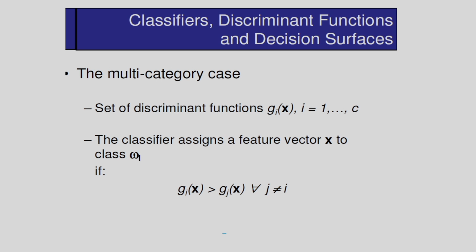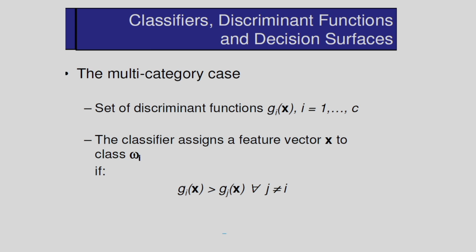And based on the discriminant function, I can see the different types of decision surfaces. So this concept I am going to explain. What is the discriminant function, and from this how to determine the decision boundaries, the decision surfaces. So let us consider the multi-category case.